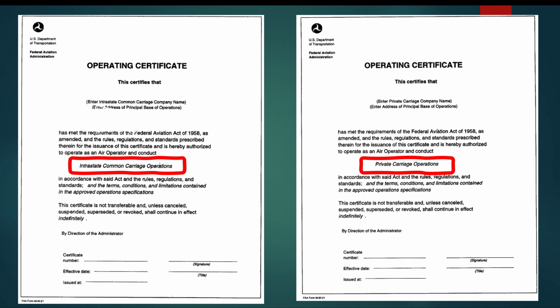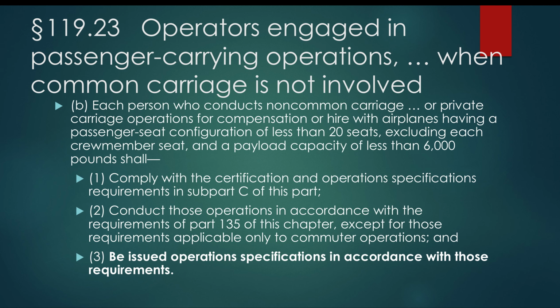Okay, so let's get back to here and say another 119 regulation. If you're flying in private carriage, operators engaged in passenger carrying operations when common carriage is not involved, in other words, private carriage or non-common carriage, so if you're flying in something less than 20 seats, okay, the 125 talked about 20 or more seats, so we're flying less than that, so 119.23 applies to us.